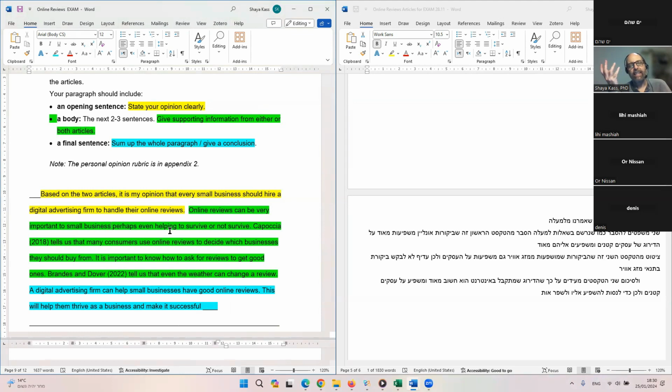The reason I did that is I didn't know what to write. I didn't have an opinion about the articles because the articles are just there. So I had to come up with something that I can have an opinion on. Also, part of opinion is that you have to be able to fight back against me. It has to be the other side. So I could write an opinion that says that every small business owner has to learn how to do this himself and not hire somebody.